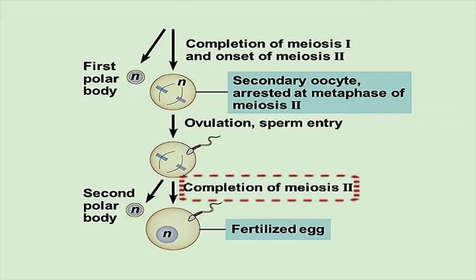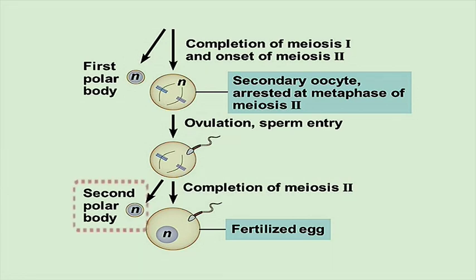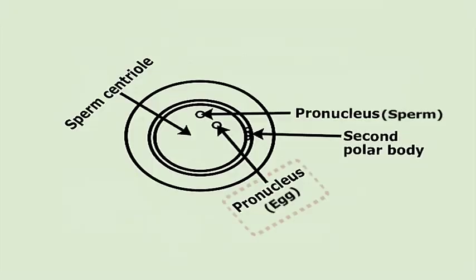Meanwhile, the stimulus of the entrance of sperm inside the egg incites the completion of the second maturation division of the egg nucleus, which has postponed in the metaphase 2. It gives off second polar body at the animal pole and becomes vesicular to become egg pronucleus.